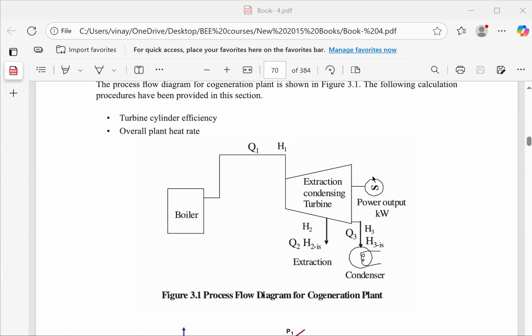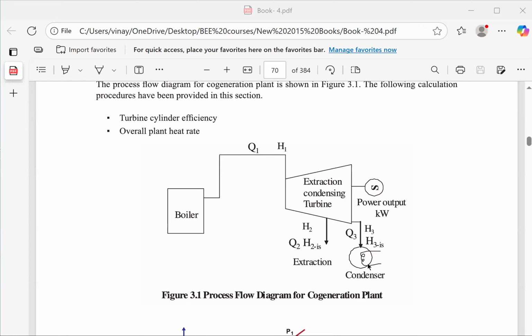So here suppose the kWh generated multiplied by 860, so much kilocalories have gone in producing electricity. So total kilocalories here is divided into 1, 2, 3 parts. One goes for electrical generation, one goes for extraction steam for the process, and third goes to the condenser.